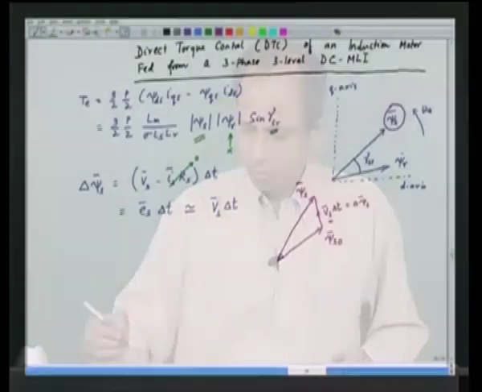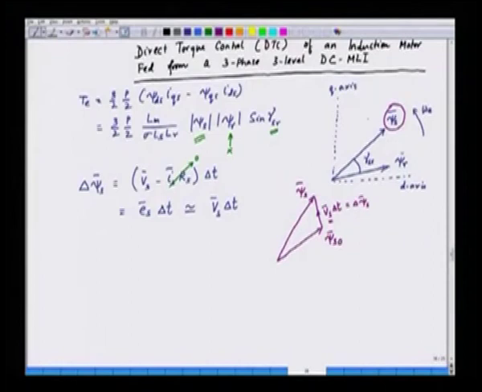Normally we can find out the sector by finding the angle of the stator flux vector with respect to the d axis. So, we have this flux in this case, and we can define this angle to be theta s.